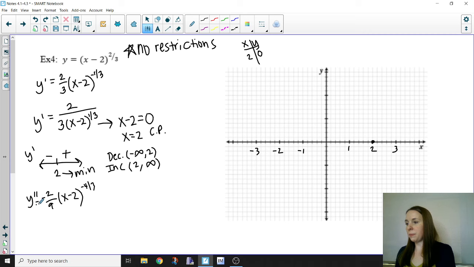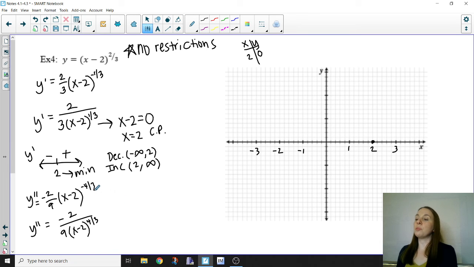We could rewrite that as -2 in the numerator, 9 times (x minus 2) to the 4/3 power in the denominator. Okay, again, to find possible points of inflection, we could set the numerator equal to 0. That's not going to happen here. There's no x in the numerator. Set the denominator equal to 0, and what we get out of that is 2.